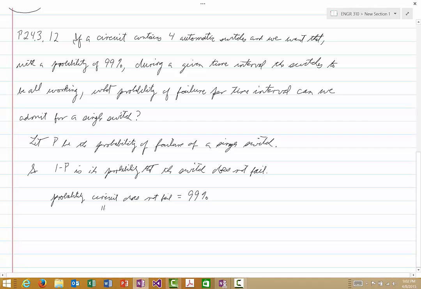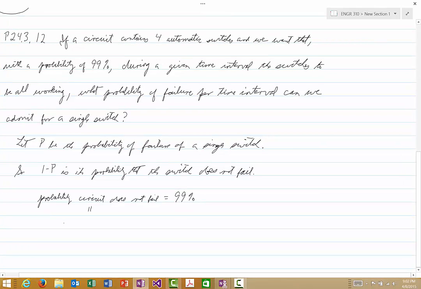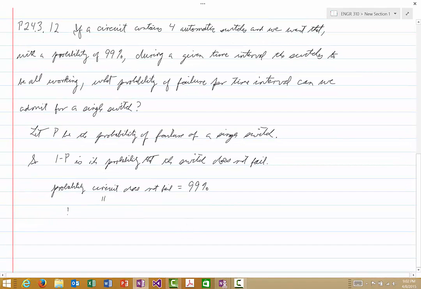Well, as we just said, the only way that the circuit will not fail will be if the first switch does not fail, and the second switch does not fail, and the third switch does not fail, and the fourth switch does not fail. So the probability that the first switch does not fail is 1 minus p, and the probability that the second will not fail is 1 minus p.